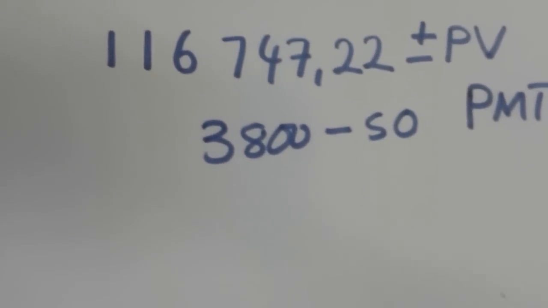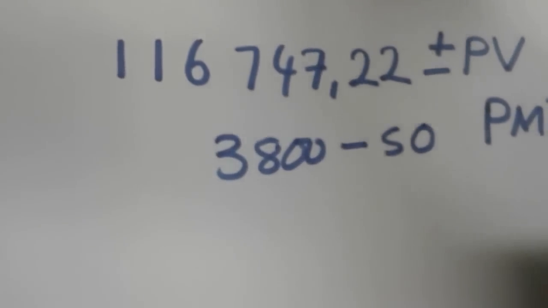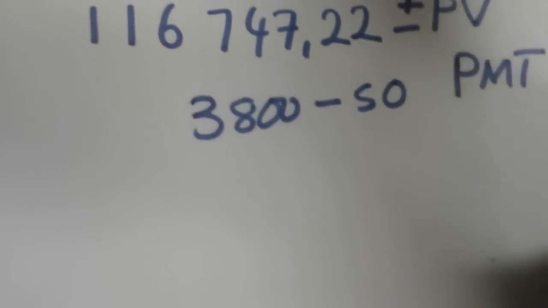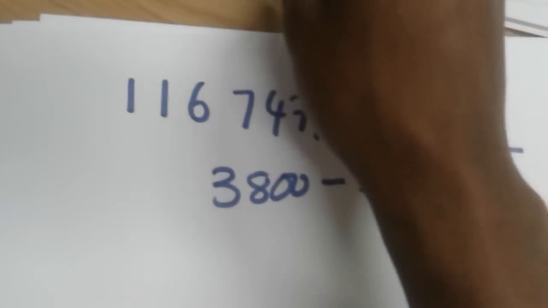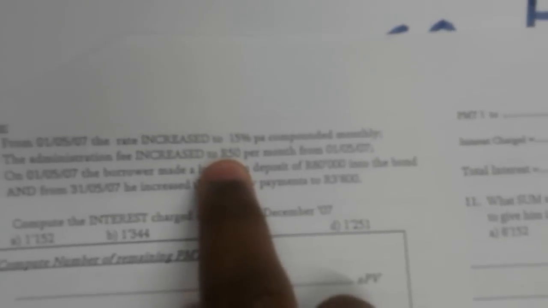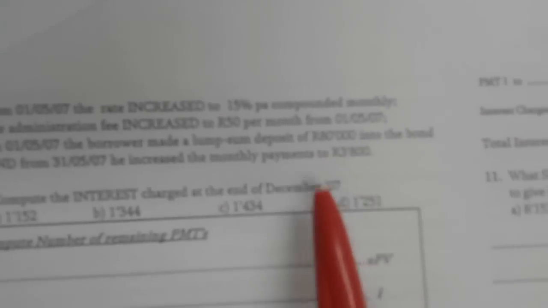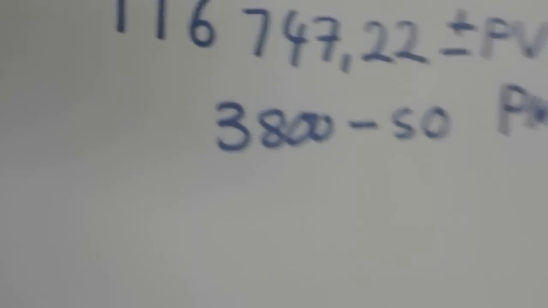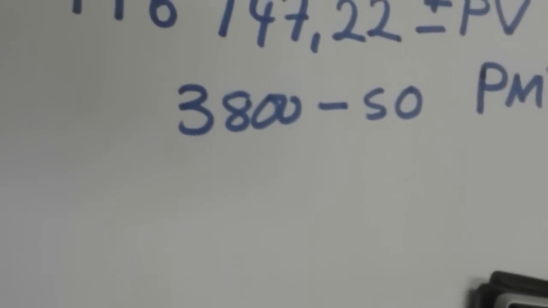Why? Yes, you got it. It's because there is an admin fee of 50 rands. Before it was 1820, but now it has increased to 50. So when you pay the 3.8, not everything will go to the loan, but 50 rands will go to the admin fee. Perfect. So there we go.